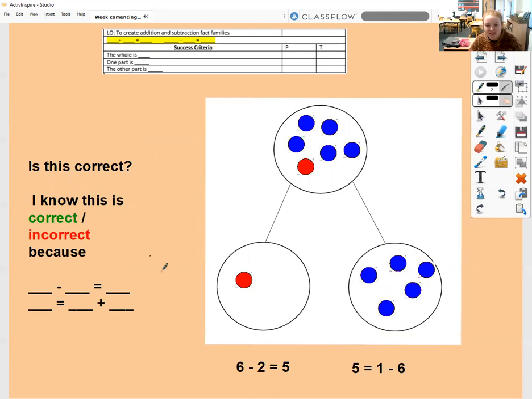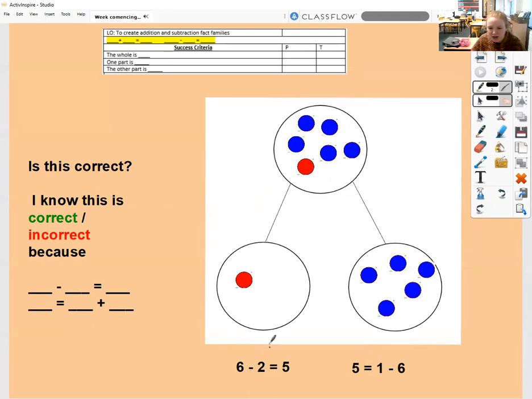Let's look at one more. So is this correct? So this is saying that 6 subtract 2 equals 5, and 5 equals 1 subtract 6. Let's have a look at this one first. So let's say that our whole is 6. Let's check. 1, 2, 3, 4, 5, 6. Our whole is 6. Subtract our first part. Well, neither of our parts are 2, like this is saying, so that bit is not correct. Our part is actually 1.